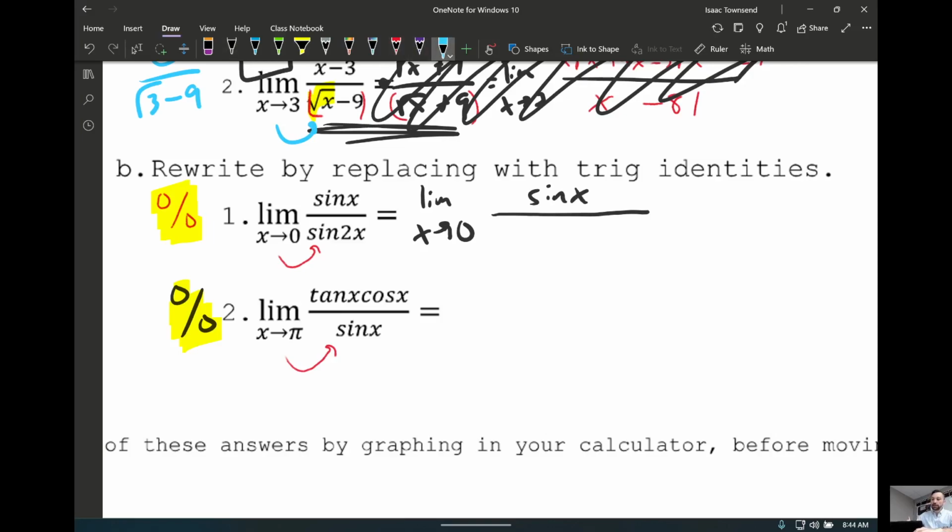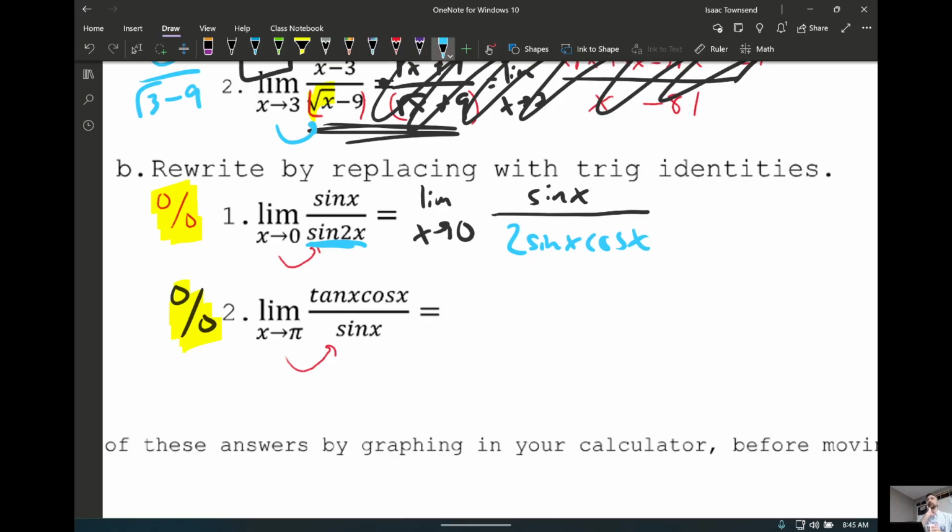Now, this one is not one that you know, nor is it one that you have to know. I'll just be honest that these questions are kind of hard to come up with. There's not like a website with hundreds of them, like there is for lots of math stuff. But this is called a double angle identity. Again, you don't have to know that sine 2x is the same thing as 2 sine x cosine x. Someday when you get to Cal 2, your teacher will expect you to learn that.